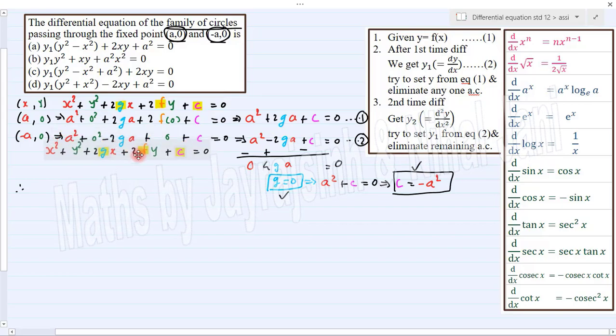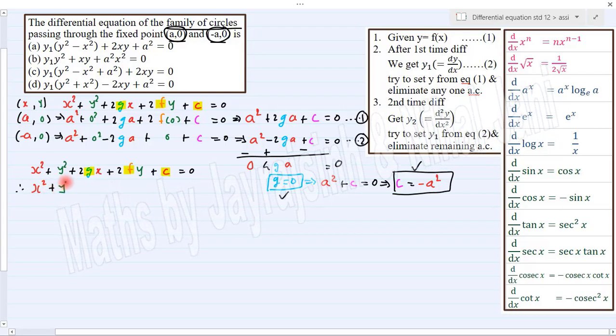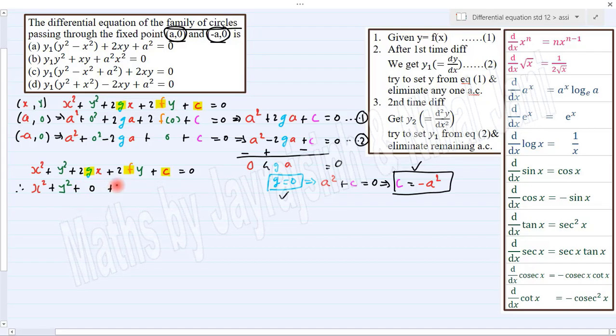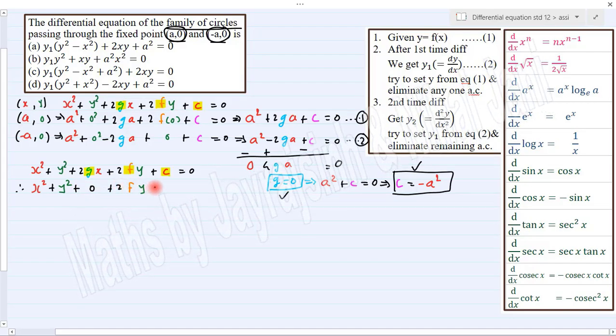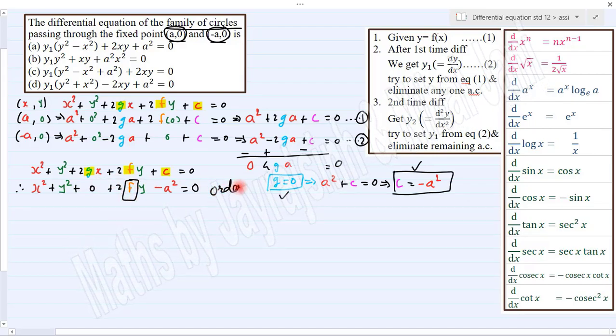So we can say our general equation of circle will be simplified as x square plus y square plus 0 plus 2fy, and instead of c we have to substitute minus a square, is equal to 0. And we only have one arbitrary constant. So now the order of our differential equation will be 1.